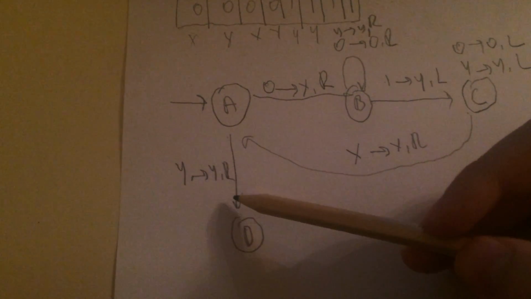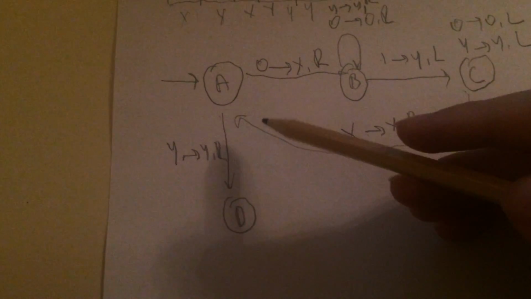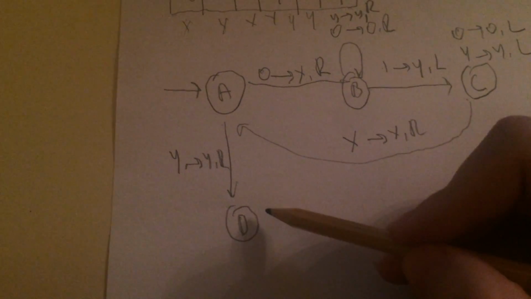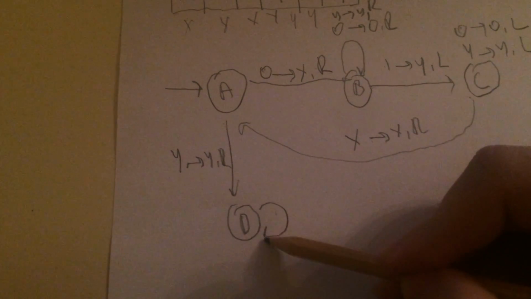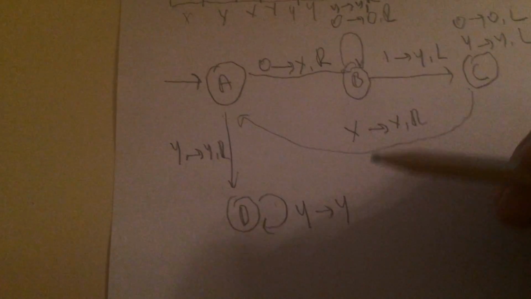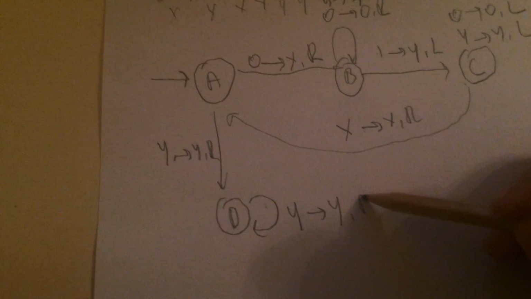When it goes right, it still needs to keep going right, because maybe it's not at the final part. So we need to write a loop here. When you see a y, still put y and continue to go to the right.